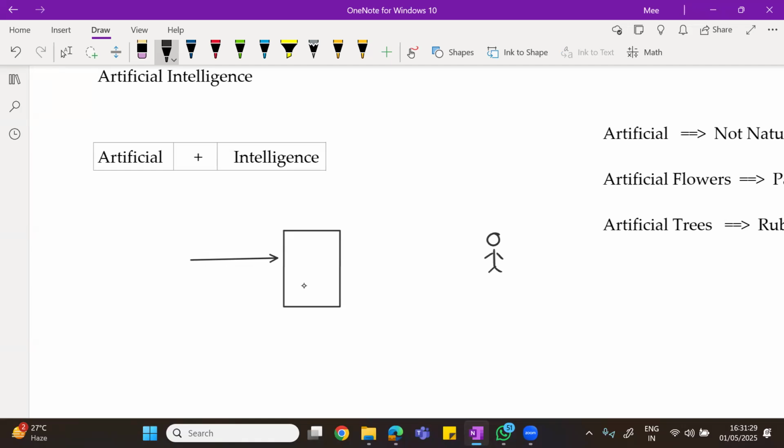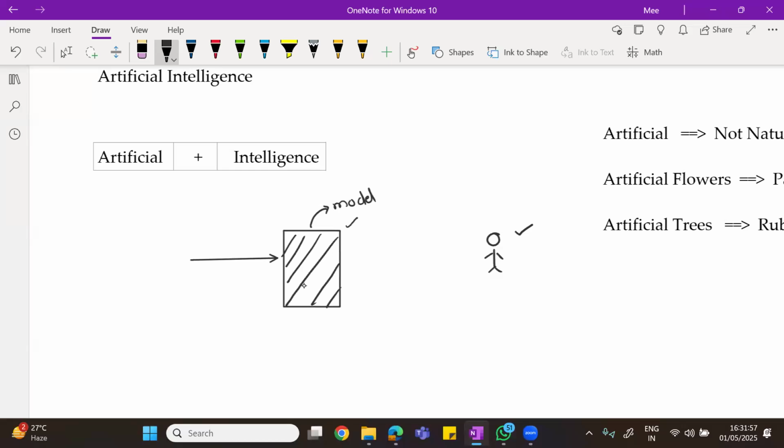Now, this is a machine or a model. You can use anything, model or machine. Into this, I am putting intelligence. When I give intelligence into this, I want it to behave like a human.